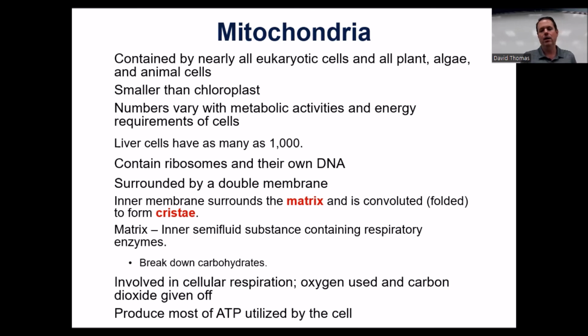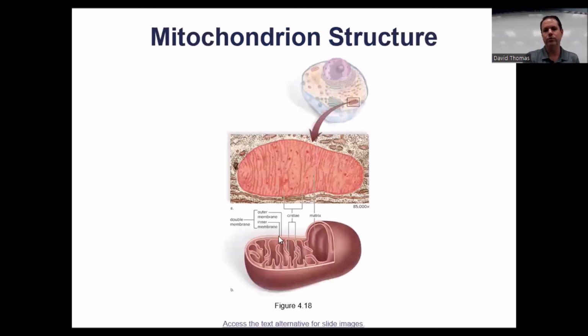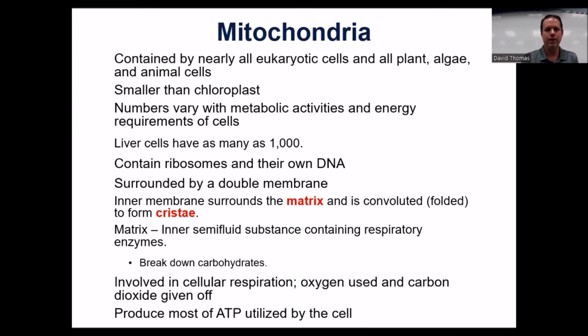So you have mitochondrial DNA, and the chloroplast has its own DNA structure as well, but we'll get into that a little bit later when we get to photosynthesis. The structure is very similar. In other words, you still have a double membrane. You do have an inner membrane that has folds in it. Now the folds are different here. They're not stacked up like we saw in the chloroplast, but you do have an inner folded membrane. That inner folded membrane has a structure called cristae.